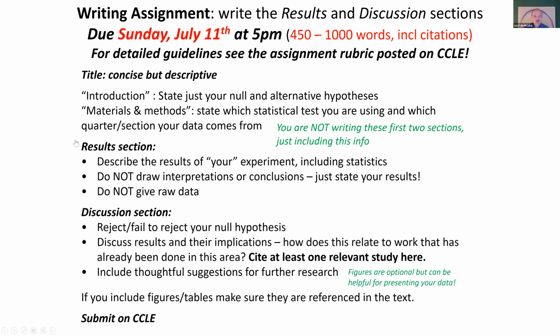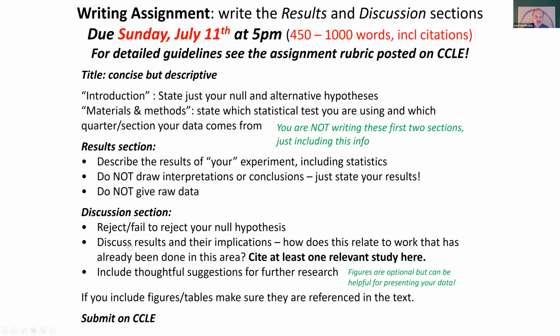What we're going to be focusing on is the results section and the discussion section, and to learn to distinguish what goes into the results section and what goes in the discussion section. You know, in the results section, you don't interpret your results; you just state the values, but you don't make a judgment call yet. You don't draw any conclusion. You just give the data, and you also don't give raw data, and I have a slide for that.